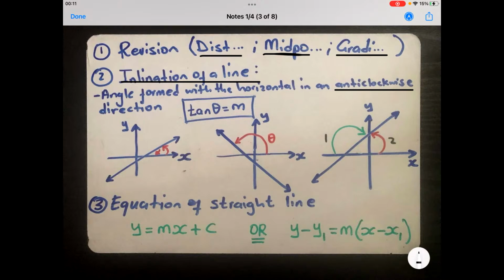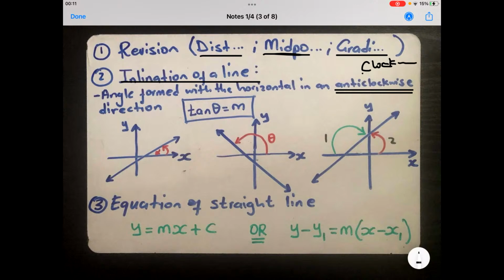Just make sure that you pay full attention. So, angle formed with the horizontal in an anti-clockwise direction. If we talk about anti-clockwise direction, just always remember that there is what we call clockwise direction, but in this case we are referring to anti.